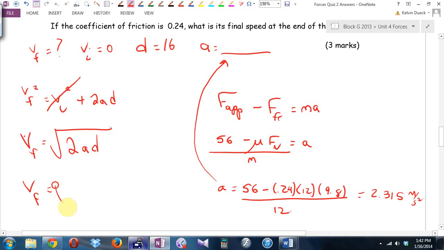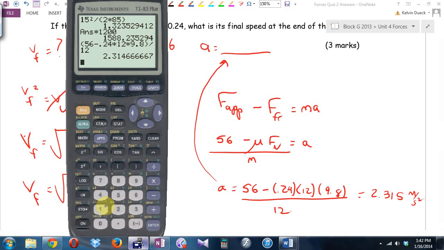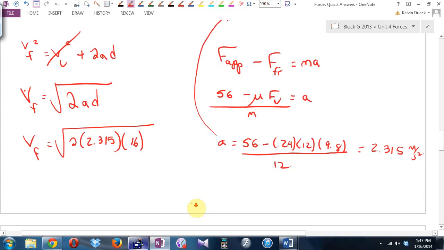VF is going to be the square root of 2 times 2.315 times 16. And I get 8.6 even, just about.